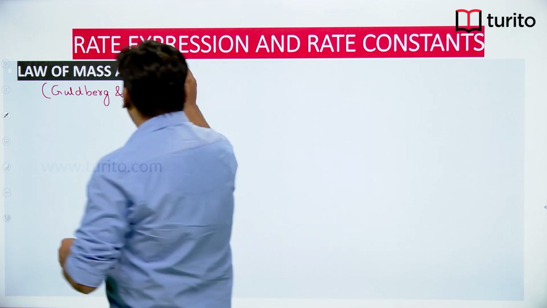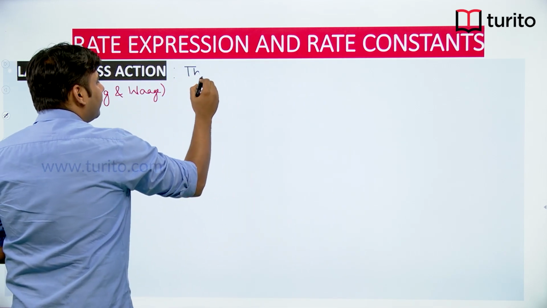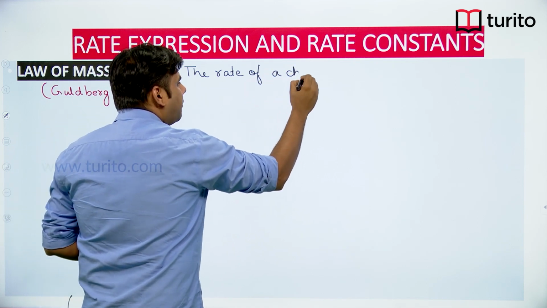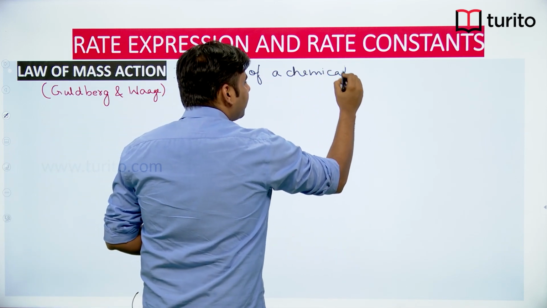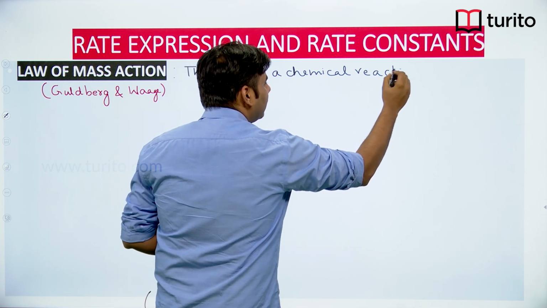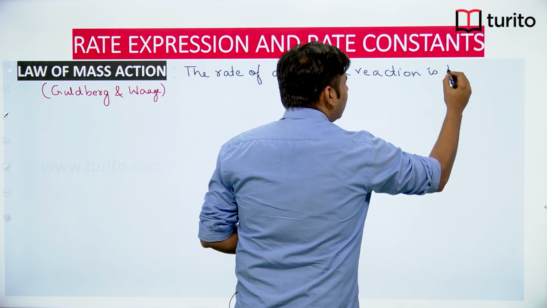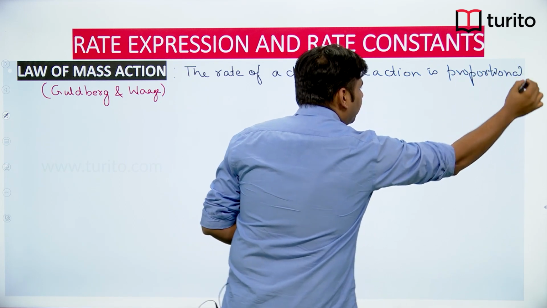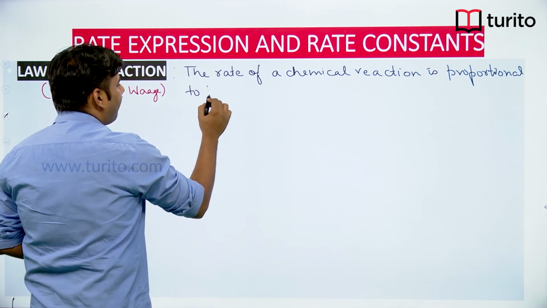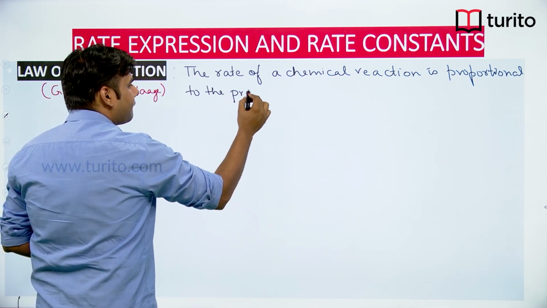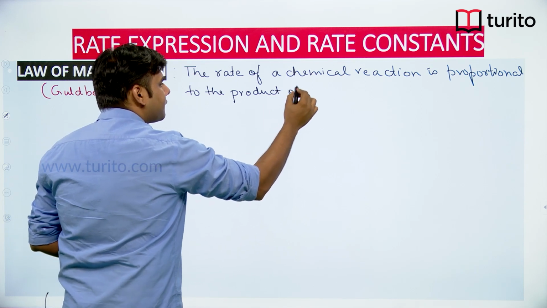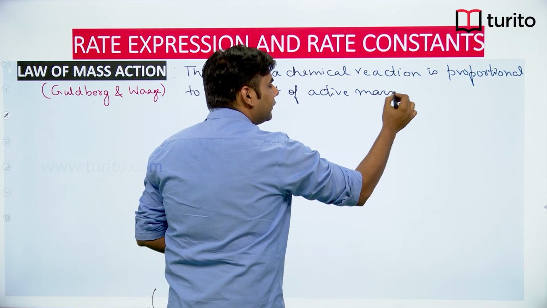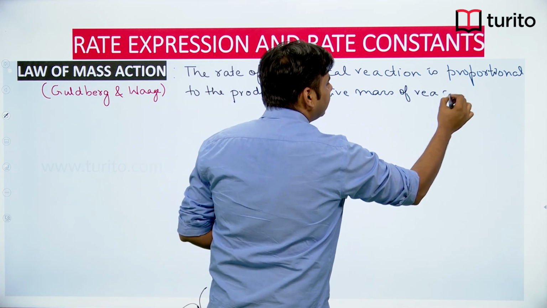So basically this law says that the rate of a chemical reaction is proportional to the product of active mass of reactant raised to the power of some factor.